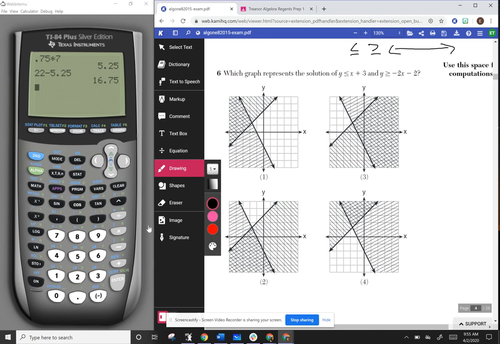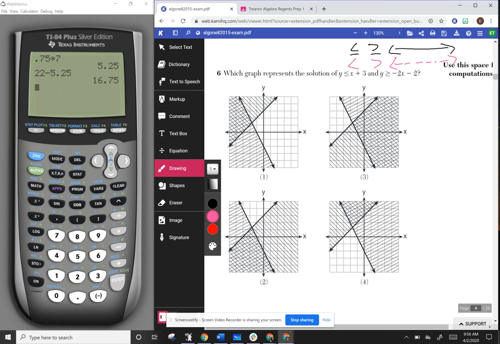And if it was strictly less than or greater than, so without the equal to, it would have been a dotted line. Unfortunately, that doesn't help us here because all the lines are solid like they're supposed to be. Also, looking at these lines, all of the graphs have lines graphed in the same spot. So we know that the lines themselves are graphed correctly.